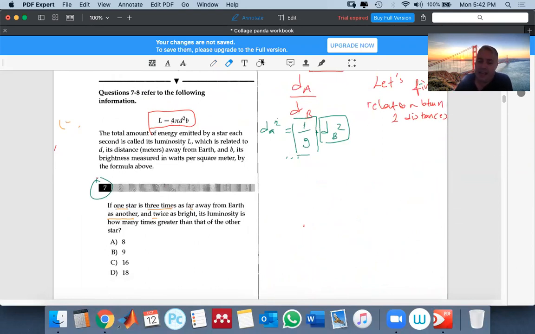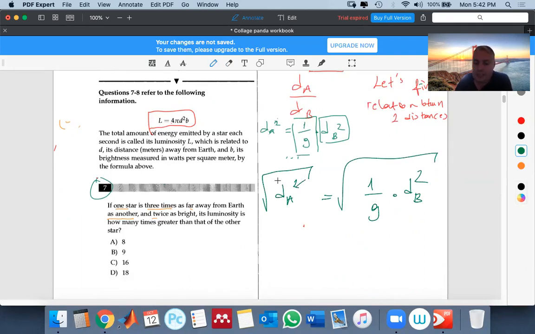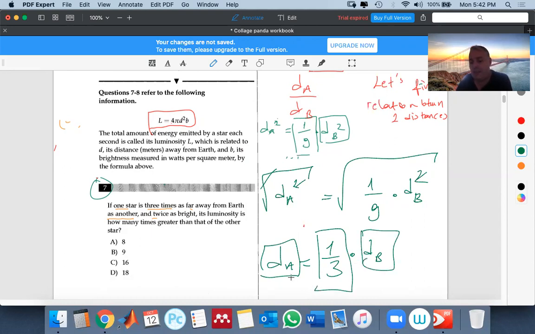I need only dA. So the square root of dA squared equals the square root of 1 over 9 times the square root of dB squared. 1 over 9 will be 1/3, and dB will be dB. So dA is 1/3 fraction of dB. dA is 1/3 of dB.